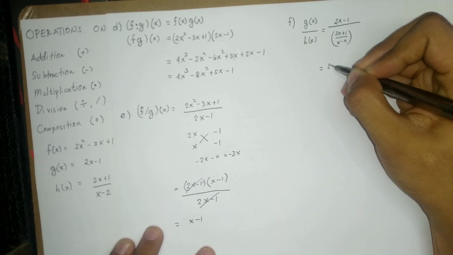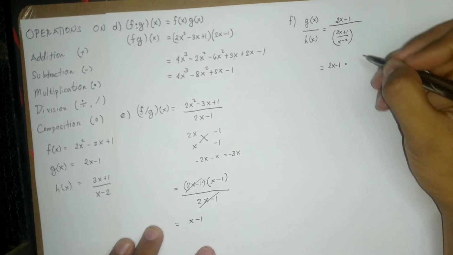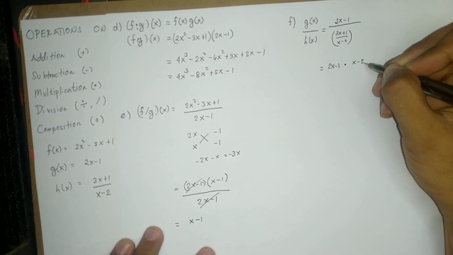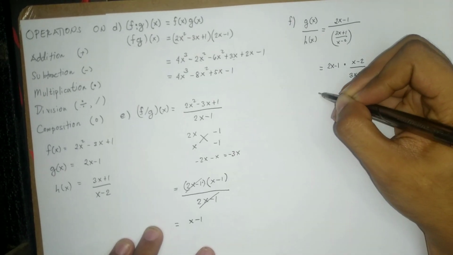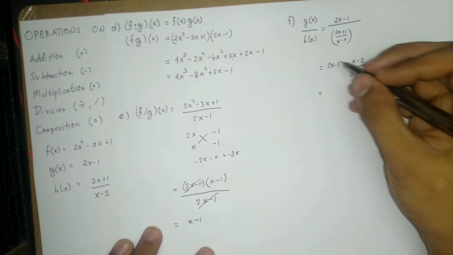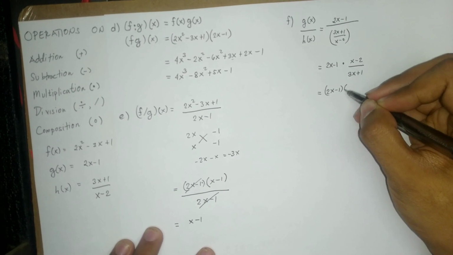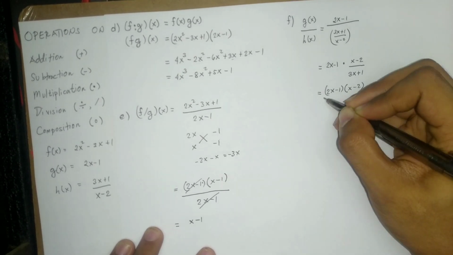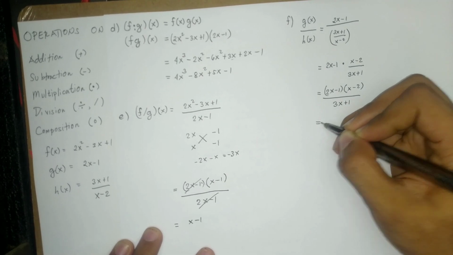So we get 2x minus 1 times the reciprocal is x minus 2 over 3x plus 1. So there are no terms to be cancelled. That's why we just multiply 2x minus 1 with x minus 2, whatever's the result, divided by 3x plus 1.